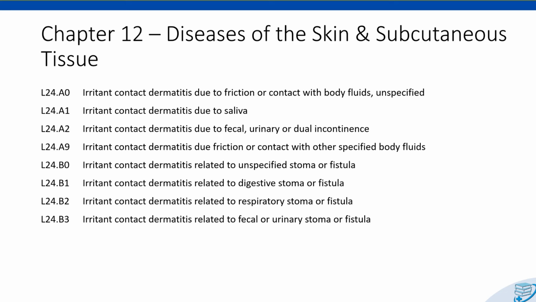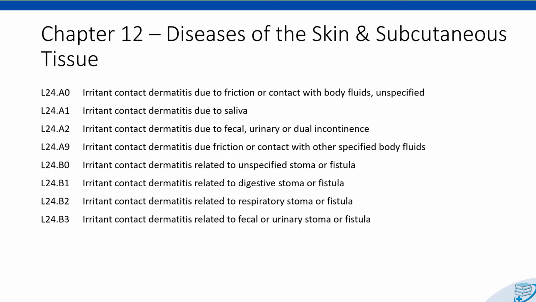In Chapter 12, we've got some new codes in relationship to moisture-associated skin damage and the different causes for it. This was requested by the Wound, Ostomy and Continence Nurses Society.